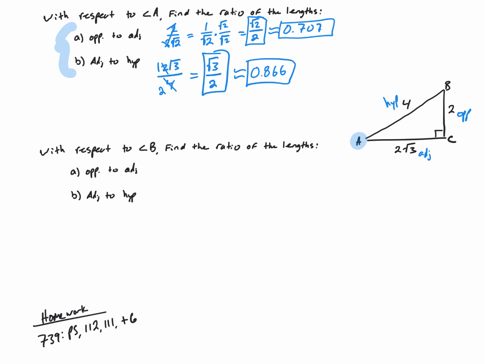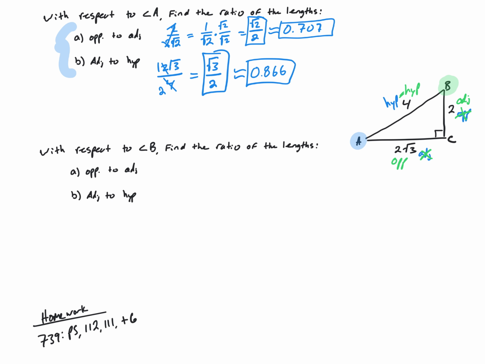Now when we're talking about this next one, it says with respect to B. So now we're talking about this angle up here, not the blue, but now we're working with the green. So for the green, this side is no longer opposite, this is the adjacent. And this side over here is the opposite. And this is still the hypotenuse for both of them.